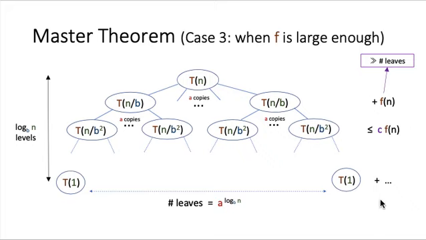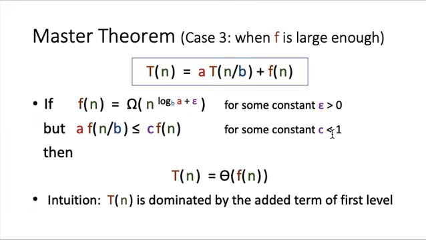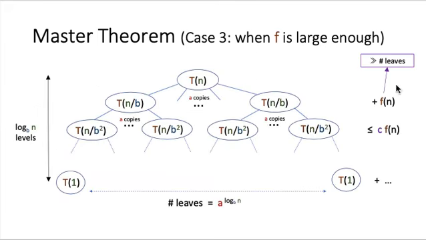So if we add things up here only, we get f of n, then c f of n, then c squared f of n, then c cubed f of n, and so on. Now we have the condition that c is less than 1. So this is a sum of geometric terms, which we call a geometric series. It adds up to a certain constant times f of n.